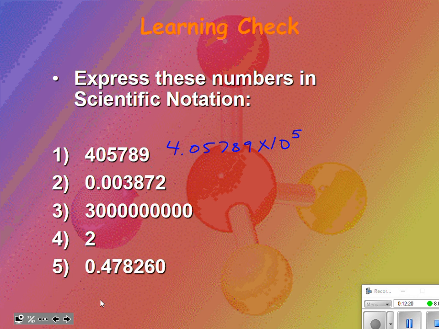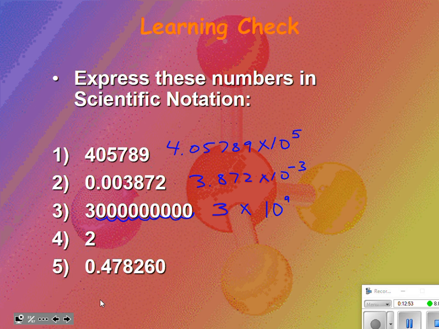The second one, 3.872 times 10 to the 1, 2, 3, negative 3. Now the third one, I only have 3, so I actually don't really need to put a decimal point, but I move that 1, 2, 3, 4, 5, 6, 7, 8, 9 times 10 to the 9th.